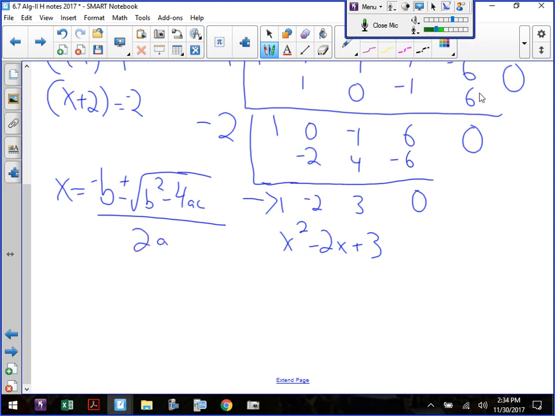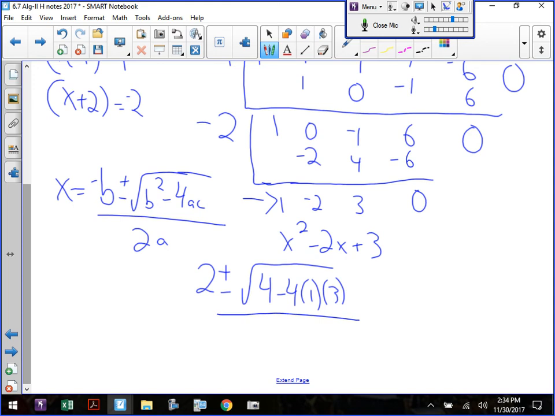My last 2 zeros, because of the fifth degree polynomial, will wind up probably being weird or imaginary. We have 2 plus or minus the square root of 4 minus 4 times 1 times 3 all over 2.